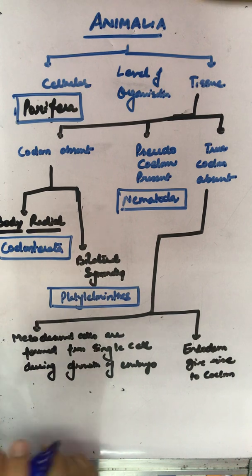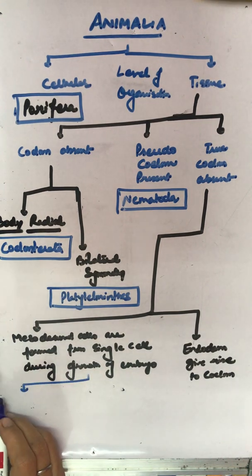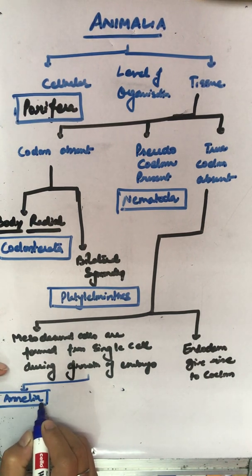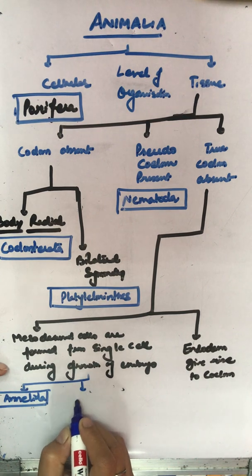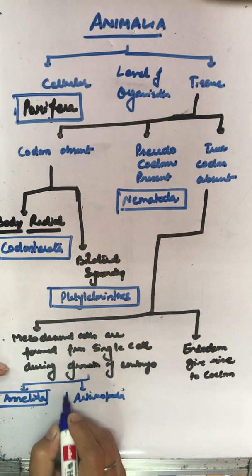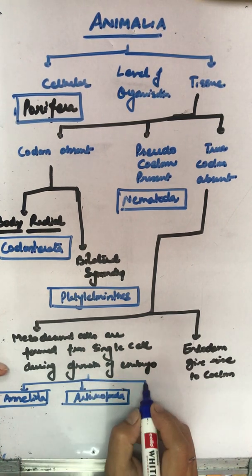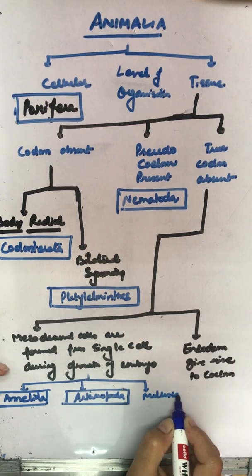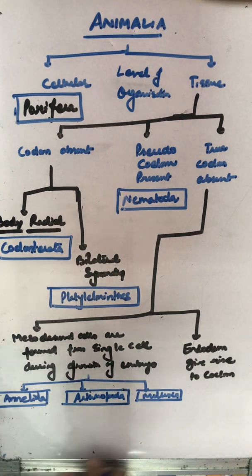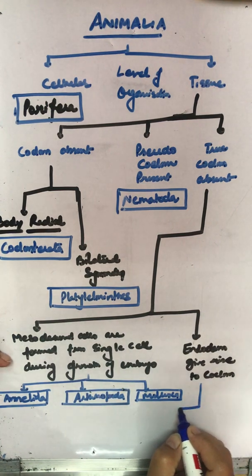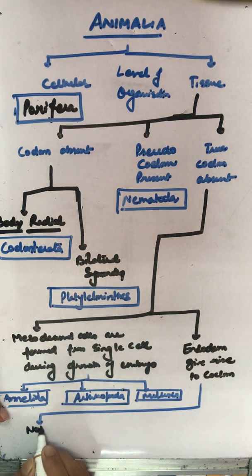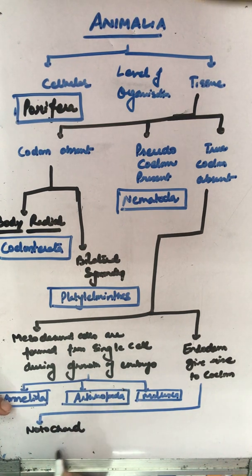If we come to this category, here we divide it into three phyla. Three phyla belong to this classification: Annelida, then Arthropoda, and Mollusca. And if we move to this classification, further we divide them on the basis of whether the notochord is absent. Notochord, remember, is the skeletal rod.